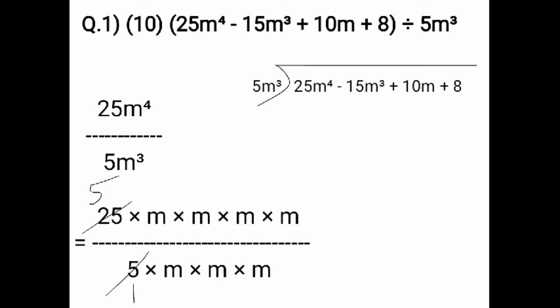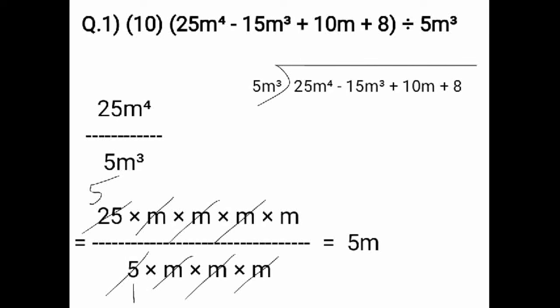Now you have to cancel all 3m on numerator and denominator, because denominator totally there are 3m. Like this way. Now numerator is left to multiply. 5 into m is 5m. When you divide 25m raised to 4 by 5m cube, you are getting the quotient 5m. When you get the quotient 5m, write it here.